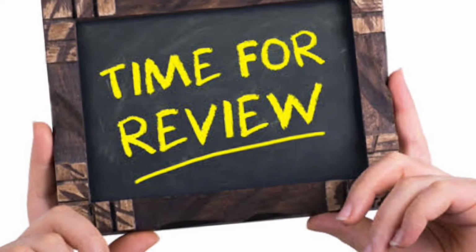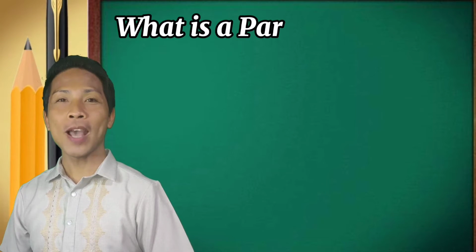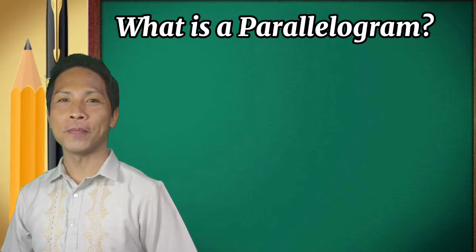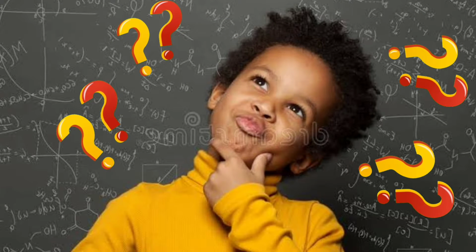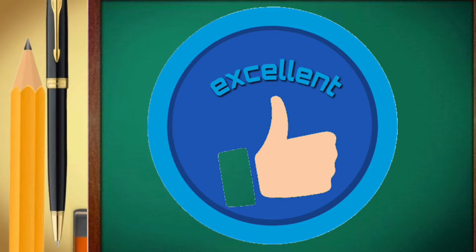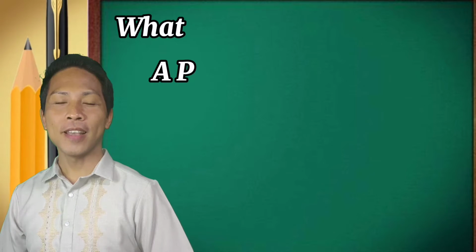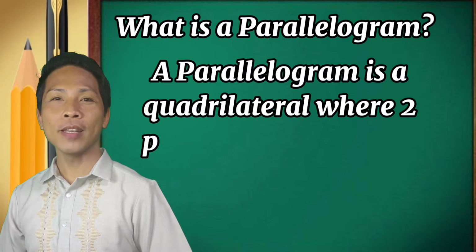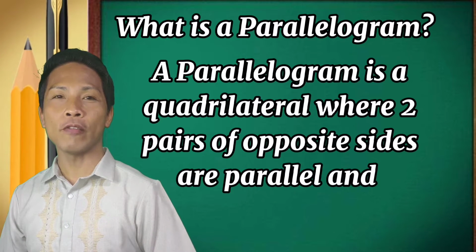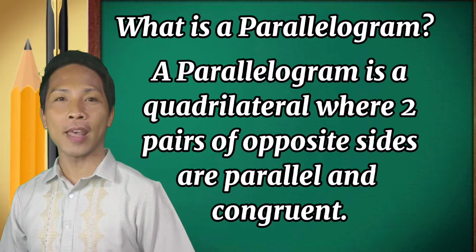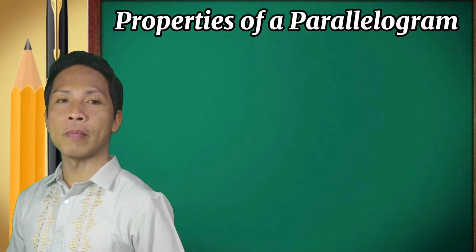Let's have a review of the previous lesson. What is a parallelogram? Excellent! A parallelogram is a quadrilateral where two pairs of opposite sides are parallel and congruent. How about the properties of the parallelogram?